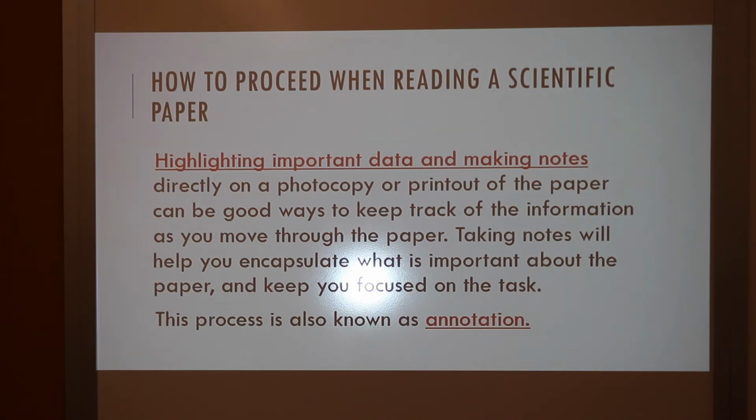How to proceed when reading a scientific paper. Highlighting important data and making notes directly on a photocopy or printout of the paper can be a good way to keep track of the information as you move through the paper. Taking notes will help you encapsulate what is important about the paper and keep you focused on the task. This process is also known as annotation.